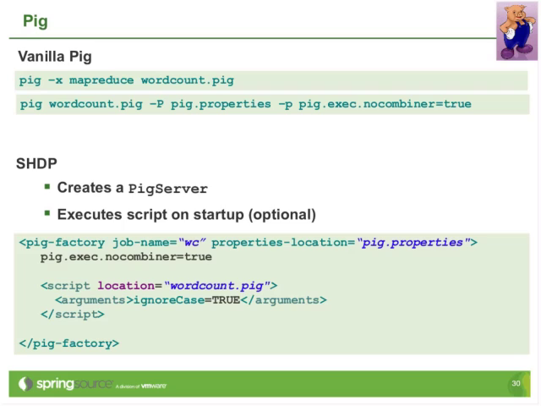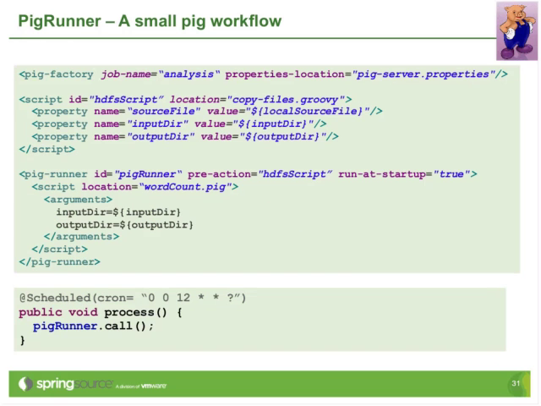Obviously, you can have multiple Pig configurations depending on whatever settings you want, different properties, different configuration, potentially different priorities. And as well, you can execute a script at startup. That's basically one for every Pig instance. So here we can do things like registering user-defined functions or other things of that sort.